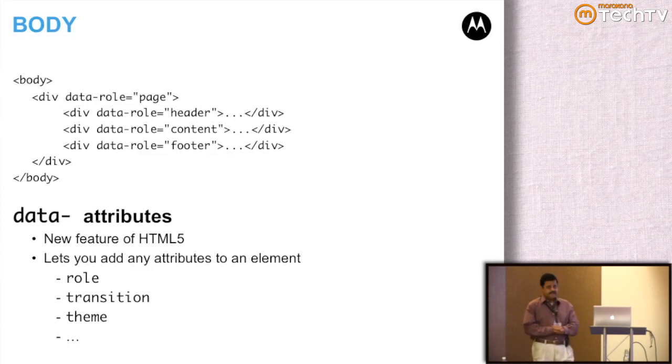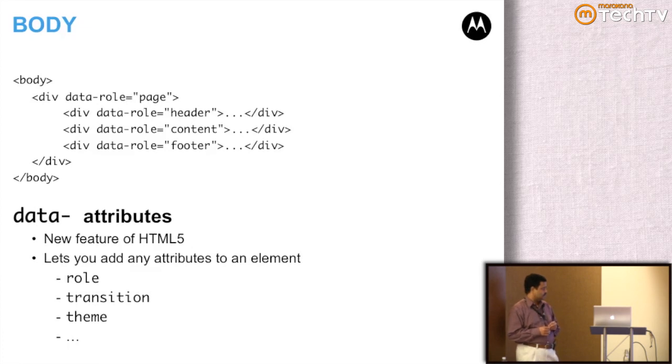So, coming to the data attributes, it is a new feature of HTML5. It basically lets you define the look and feel as well as the behavior of any element that you want, but do it in a descriptive way rather than a programmatic way.